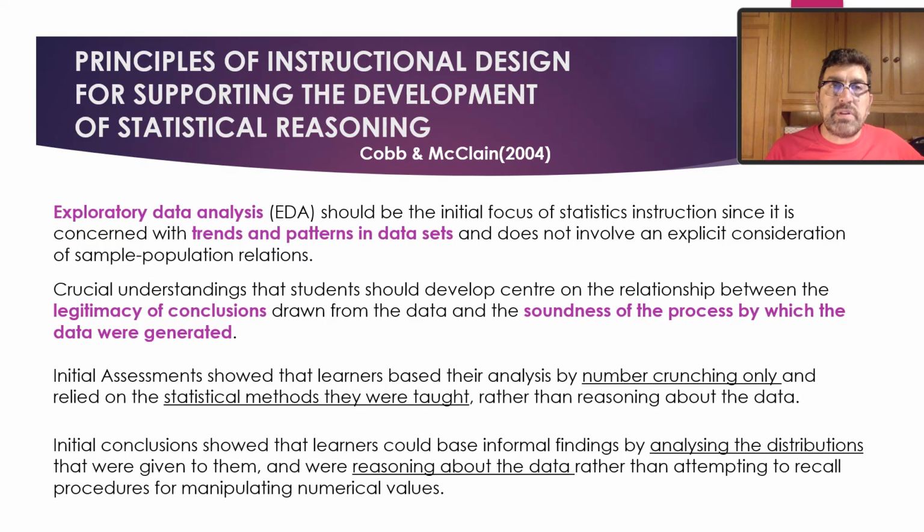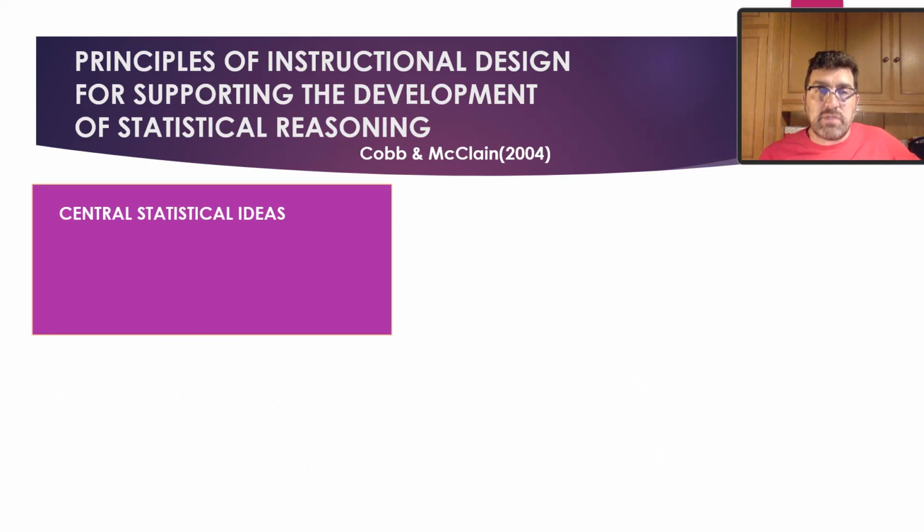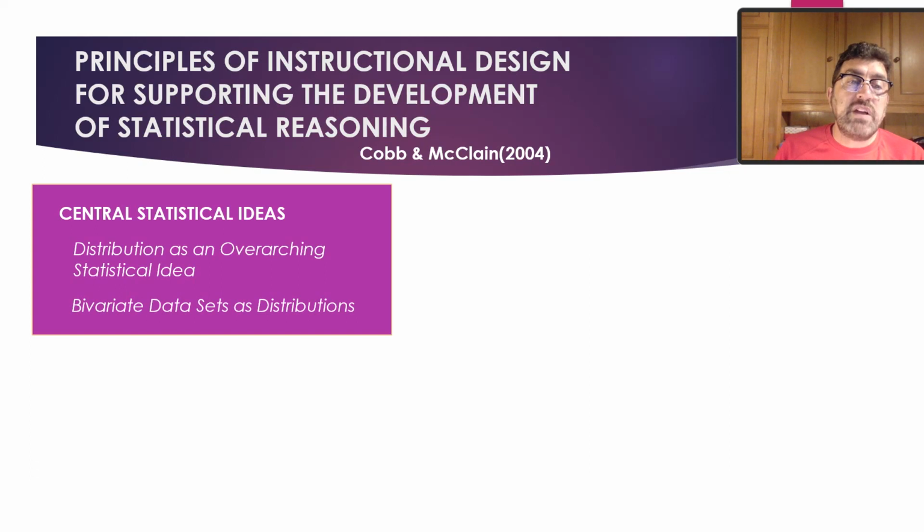Okay, so the principles of instructional design, we're still busy looking at that, for the development of statistical reasoning. They divide this into 5 big parts. The central statistical ideas deals with the distribution as an overarching statistical idea. Okay, folks, now they say bivariate data sets as distributions can be studied.